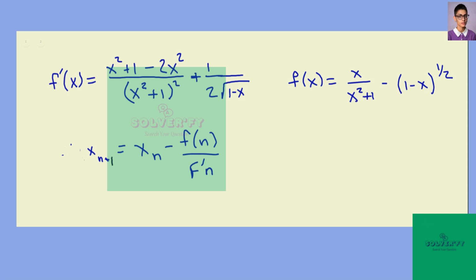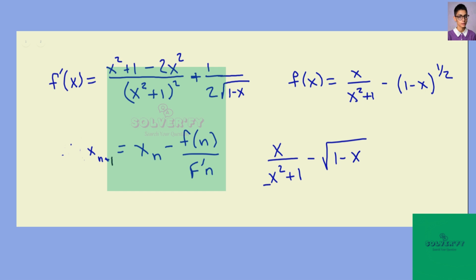And then we need to do our iterations. So I'm going to put my prime over my function. So my f prime, when I combine x squared minus 2x squared, I get negative x squared.